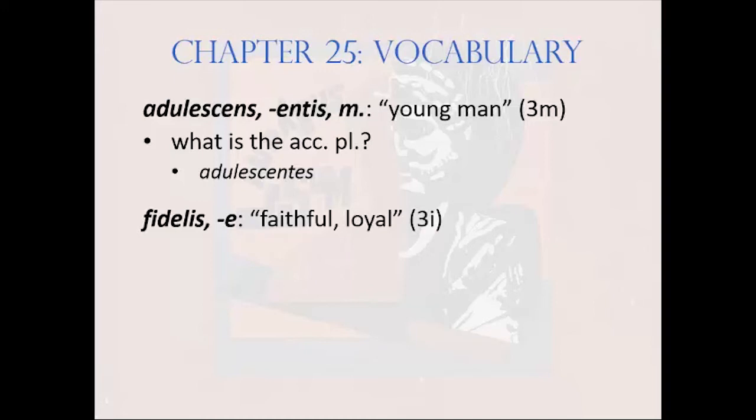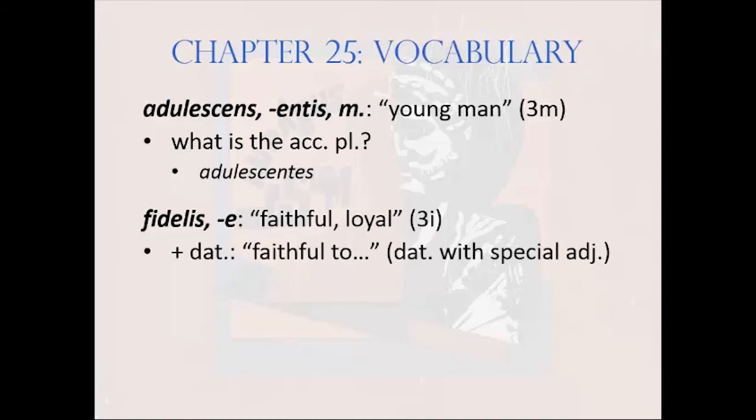Next is an adjective, fidelis, fidele, meaning faithful or loyal. It's third declension, so this one is i stem. Think about what this word expects. You're faithful or loyal to someone, so it takes a dative after it. This is called a dative with special adjective, or you can just say dative with fidelis. What's its ablative singular?